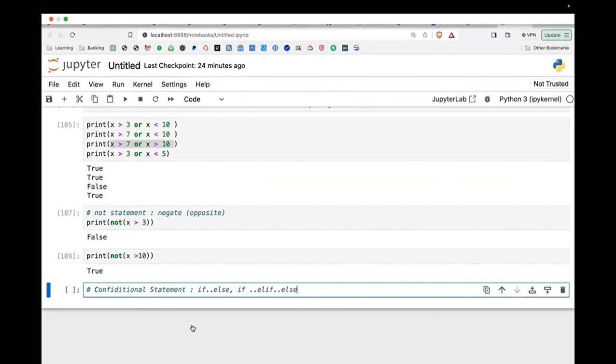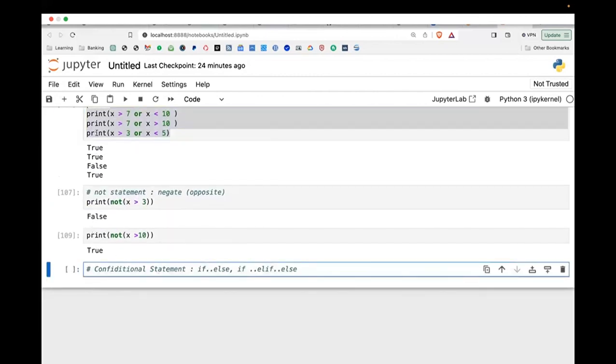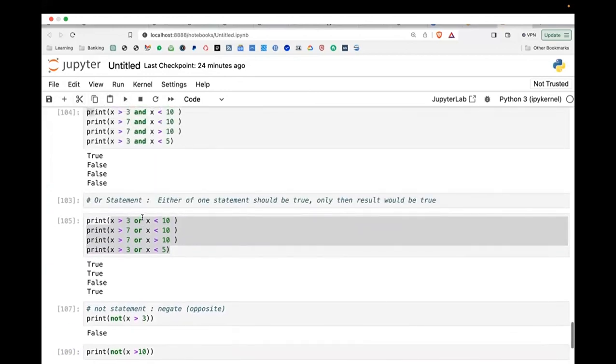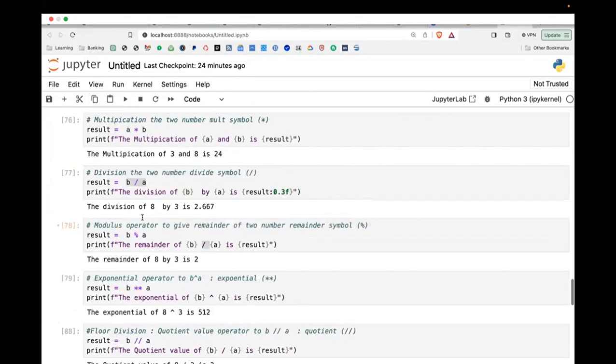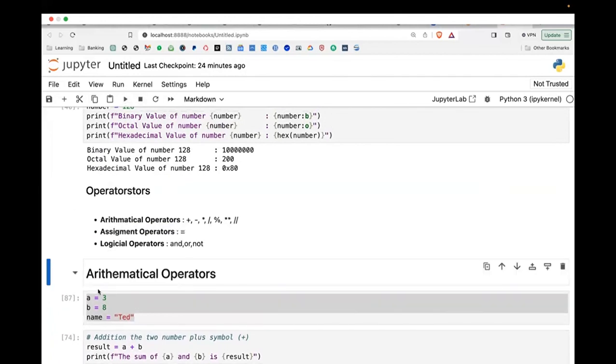In those cases we will be using the logical and, or statements in the conditions. That is the purpose. We were learning these logical statements right now. So I have covered 3 topics in operators today. These 3 topics were also covered with the Sunday batch.